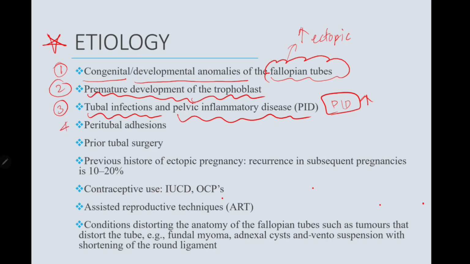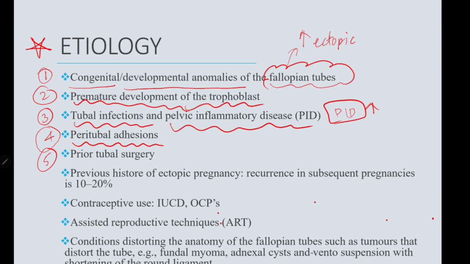Now moving on to the fourth one, peritubal adhesions. If there are any kind of adhesions between the fallopian tube and the surrounding structures, then it is also a risk factor for developing ectopic pregnancy, peritubal adhesions.